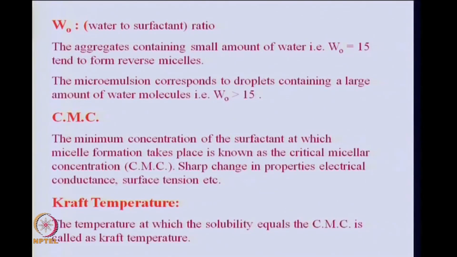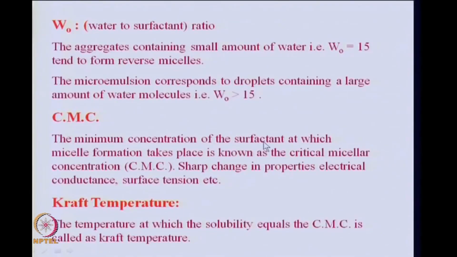So, if you choose a surfactant A with water and say a solvent like hexane, you will have some critical micellar concentration, CMC. Now, if you change the surfactant A to surfactant B, keeping water and the solvent the same, you will have a different CMC. So, the CMC depends on the kind of surfactant you are using and the kind of solvent you are using, etc.